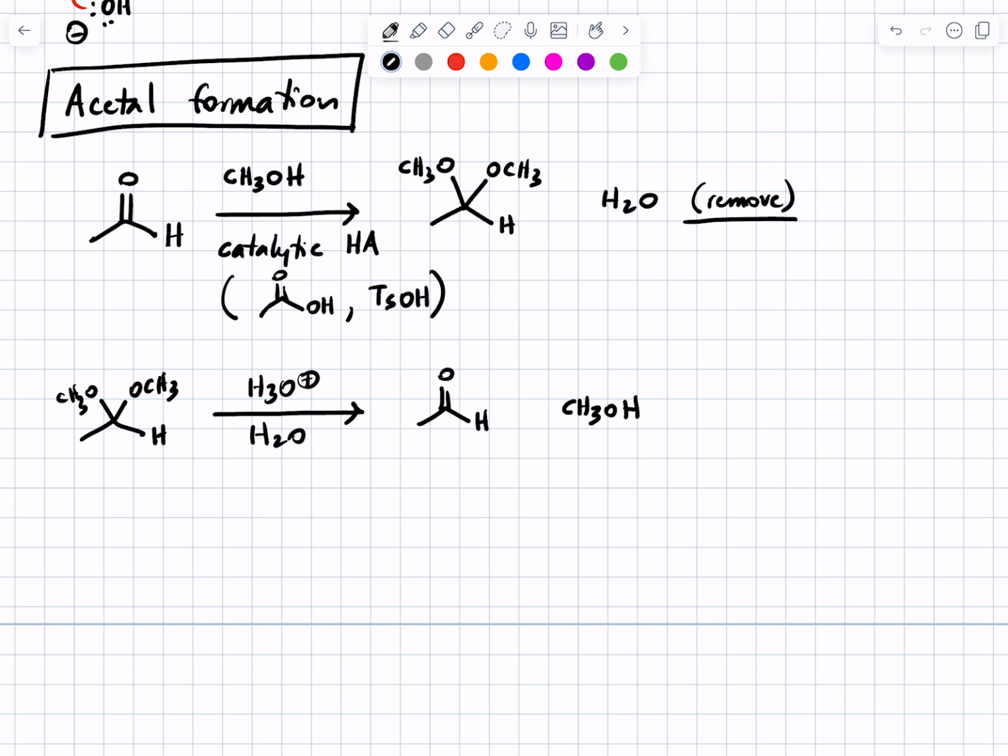Just as a preview, these reactions are so efficient that this acetal formation or hydrolysis strategy is used as a protecting group strategy for both ketones, aldehydes, and even alcohols. And so this shows up a lot in organic chemistry. So that's the overview. Let's do mechanism.